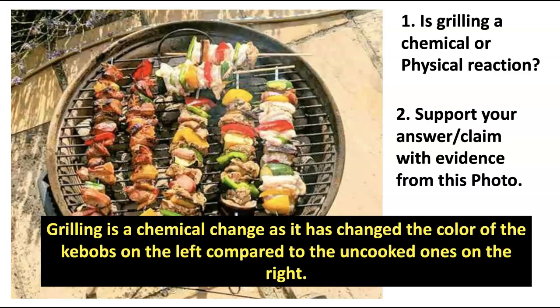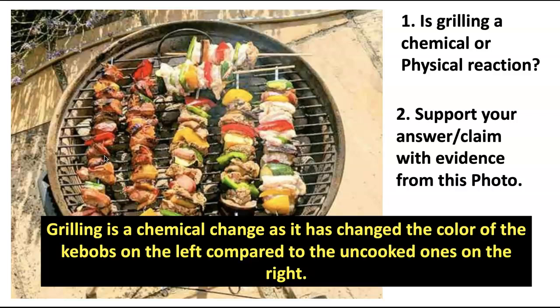They have turned dark brown or golden brown, and they have some charring in here, compared to the uncooked ones on the right. You could also say they lost some volume due to water turning into steam and evaporating, which is something that happens when you cook.